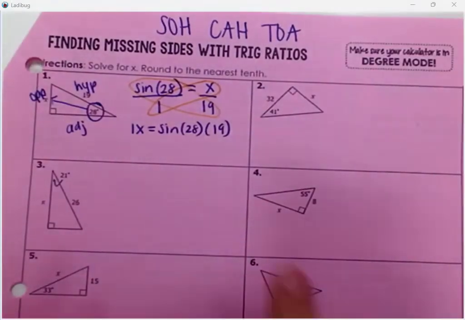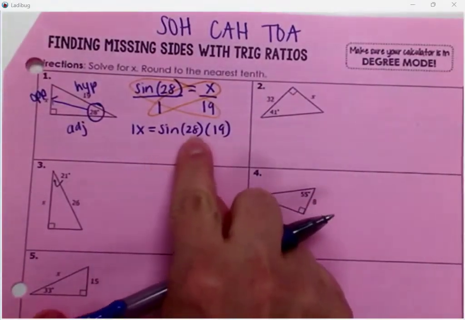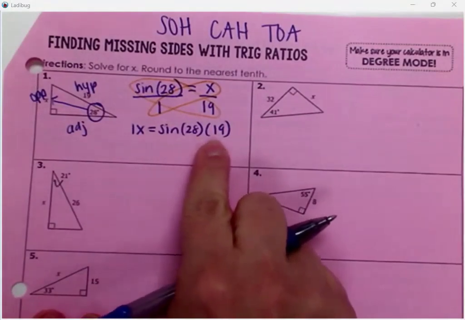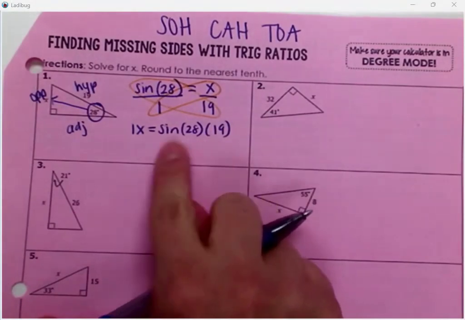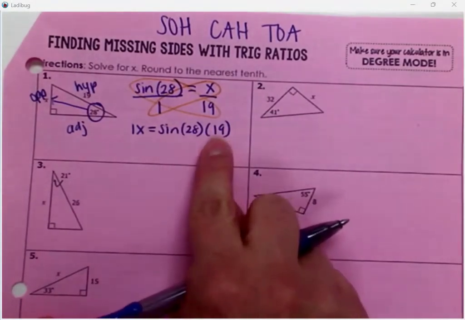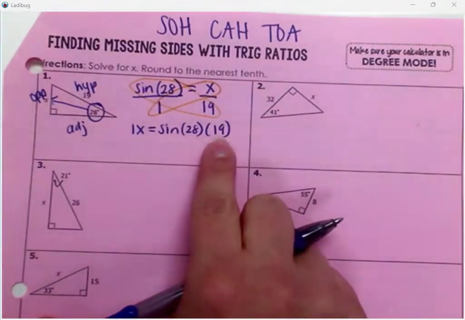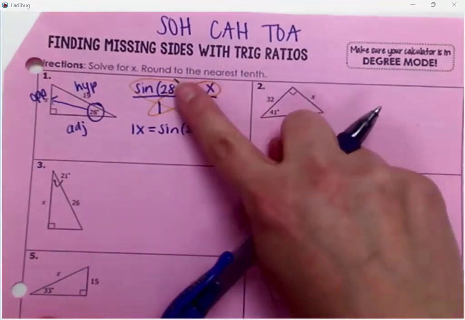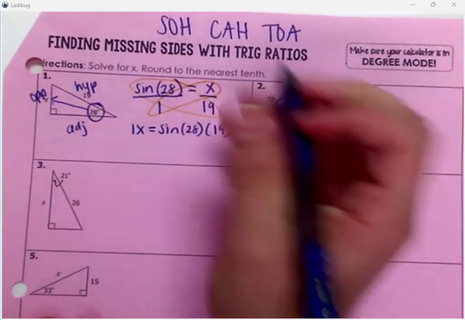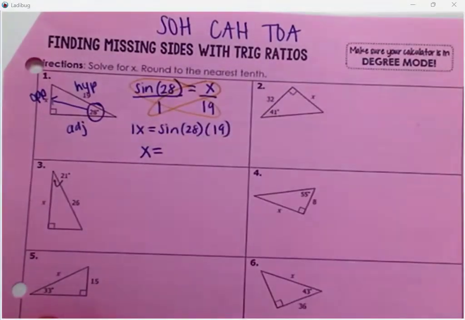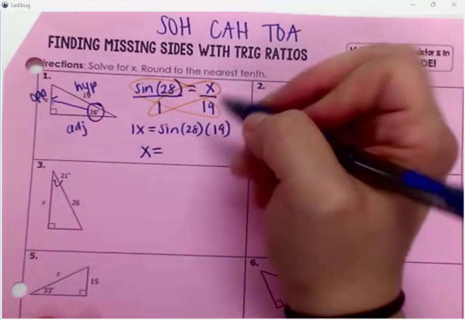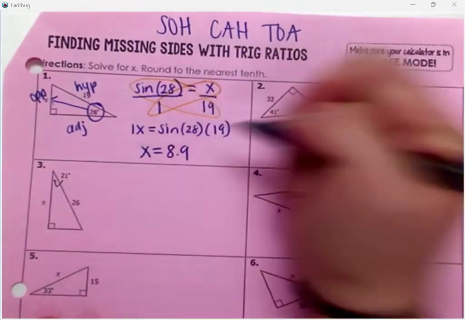And so in Desmos, I want you to put sine of 28 times 19. Okay, so this is where you're going to put this in Desmos. Make sure you are multiplying, and we are going to once again round to the nearest tenth. And so x is going to equal 8.9.